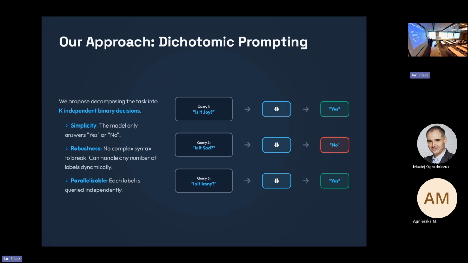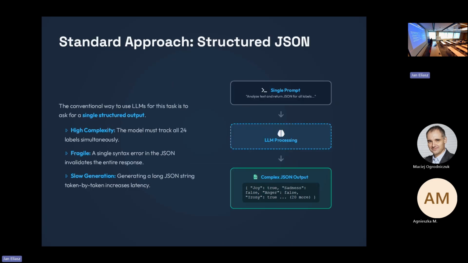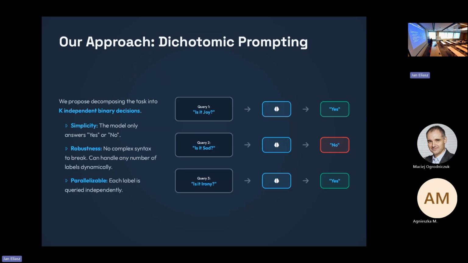For example, if we initially had 3 labels, joy, sad, and irony, in our standard JSON schema, then we decompose it into 3 independent queries, and we process them independently with this LLM.